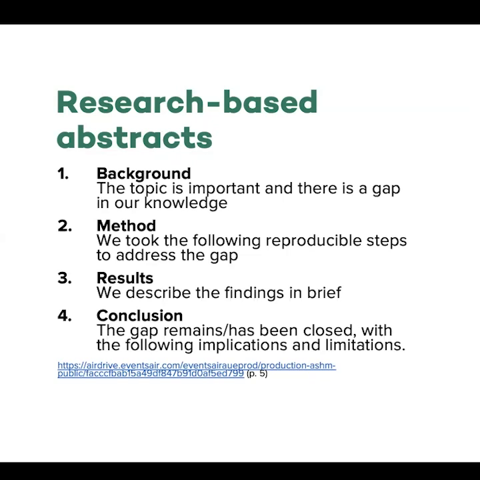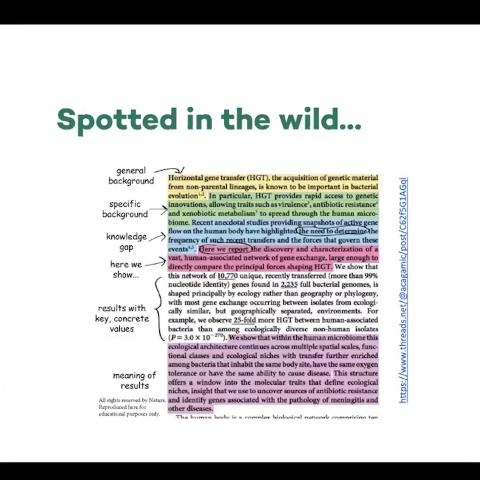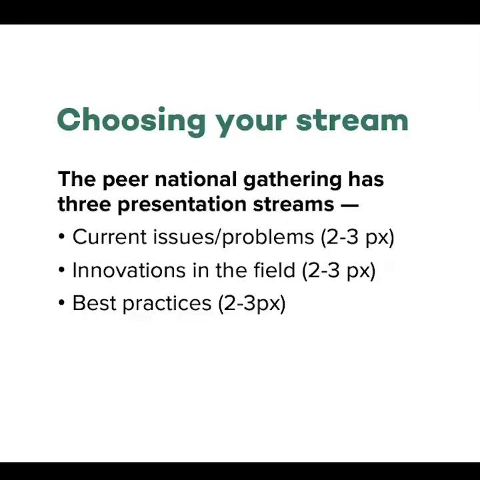Methods, we took the following reproducible steps to address the gap. Results, we describe the findings in brief. Conclusion, the status of the gap, it remains open or it has been closed, and we have the following implications and limitations. And if I scroll back up to this, it's very similar, right? Describe the background, provide the gap, tell us what you did, tell us what you found, what are the implications, what are the limitations.